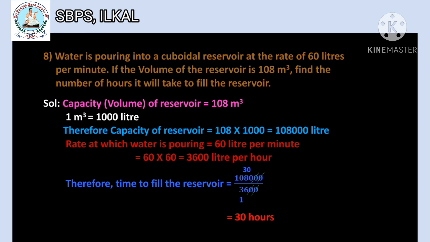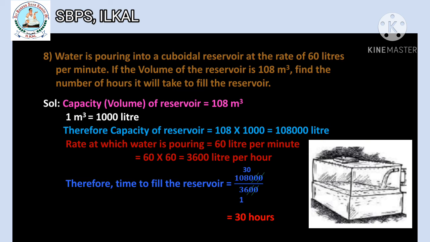8th question. Water is pouring into a cuboidal reservoir at the rate of 60 liters per minute. If the volume of reservoir is 108 cubic meter, find the number of hours it will take to fill the reservoir. Solution. Capacity, that is volume of reservoir, is equal to 108 cubic meter they gave.